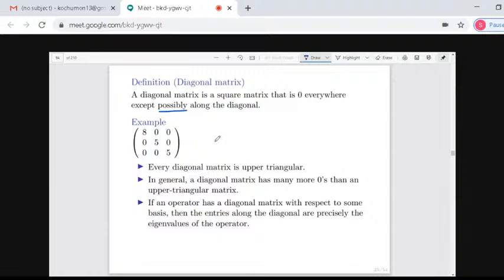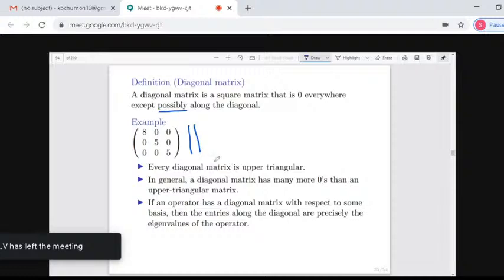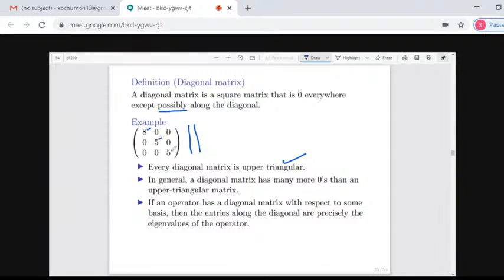You can get almost everything you want to know about the operator from the diagonal matrix. Upper triangular matrices also have a lot of zeros, and the diagonal entries will be the eigenvalues. These are easy things which you can read off.